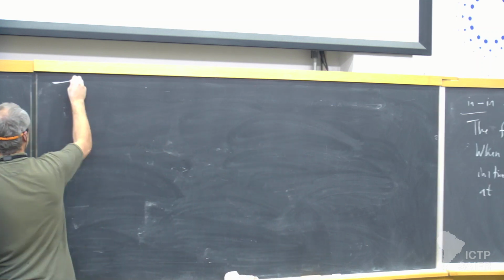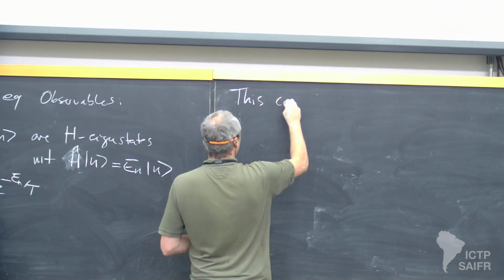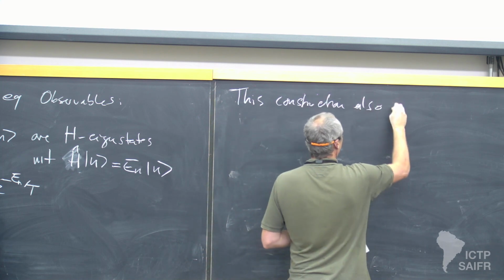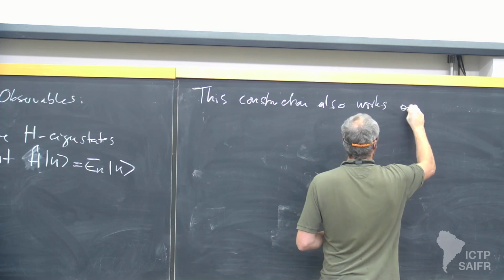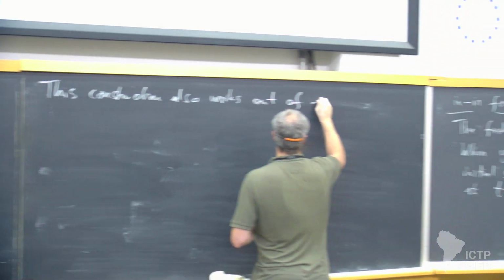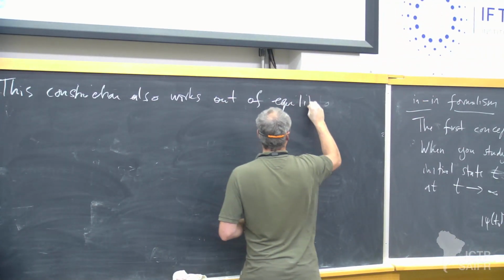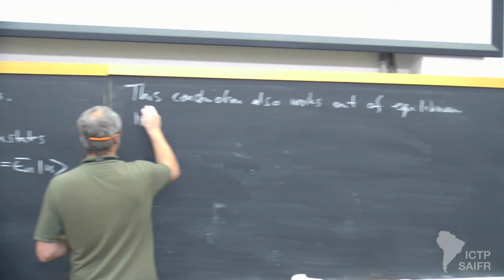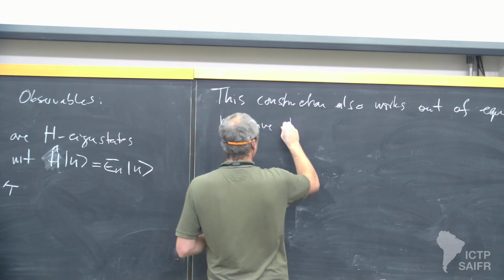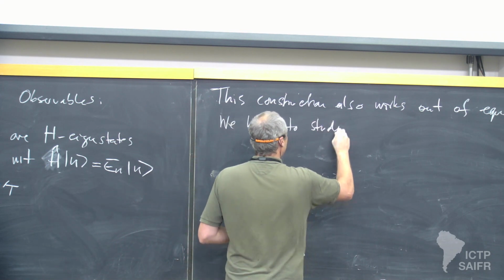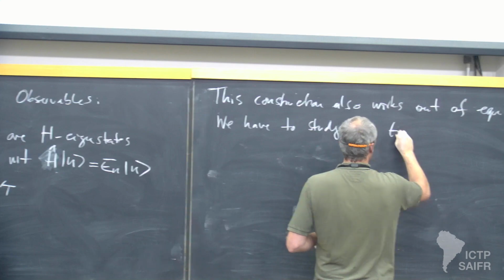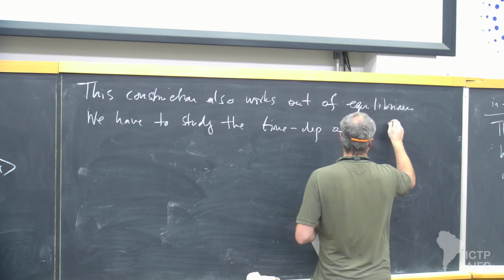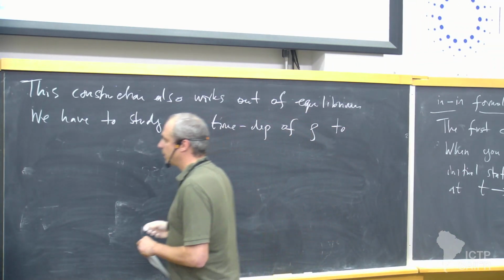So the upshot here is this construction also works out of equilibrium, meaning we have to study the time dependence of rho to study the time dependence of the operator O.